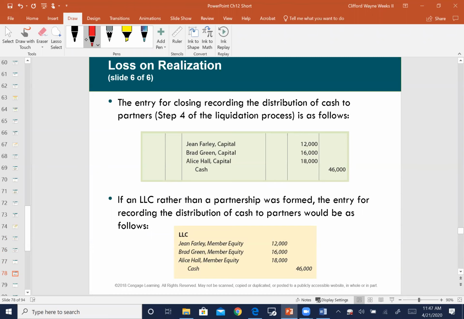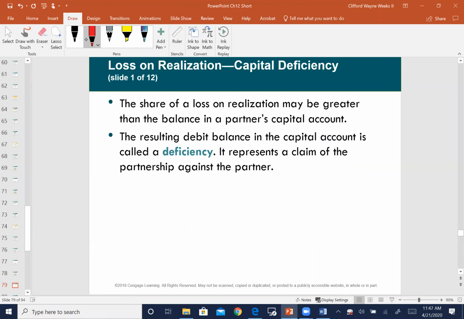Easy enough? Okay. So, when we have a deficiency, a deficiency can happen only through continuous losses or when somebody's capital balance goes into the negative. That's what we're going to do in this scenario.